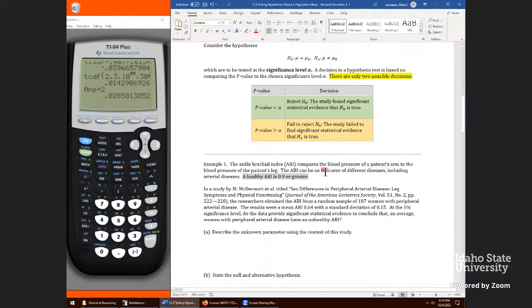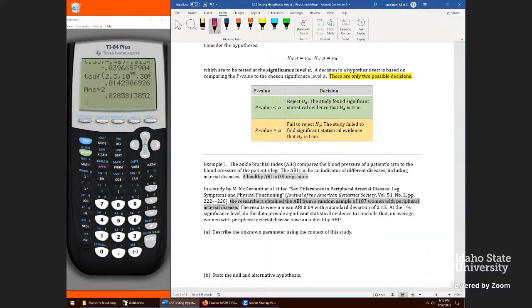So after that context, they tell us, in a study by McDermott titled Sex Differences in Peripheral Arterial Diseases, the researchers obtained the ABI from a random sample of 187 women with peripheral arterial disease. So we have a sample size. We have N is 187 women. So N equals 187.